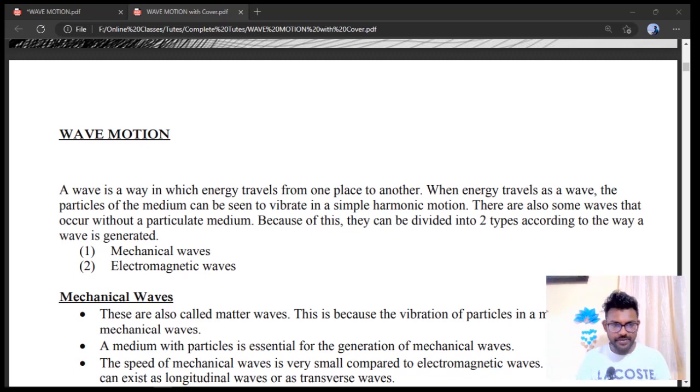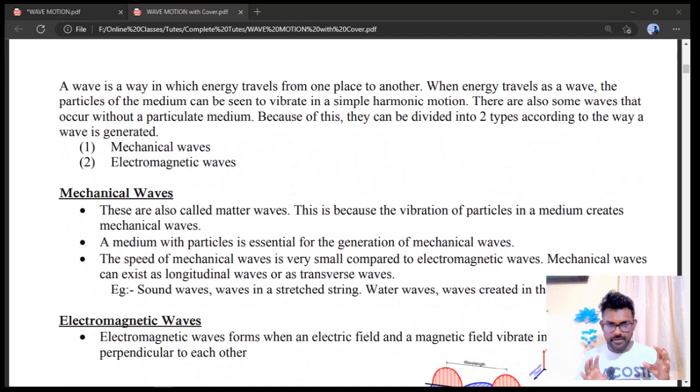As I told you before, mechanical waves are waves which are generated and transferred when there's a particle medium. There has to be a medium with particles. Right now you can hear a sound. How? The sound is generated from my throat, from the larynx and pharynx and different structures.